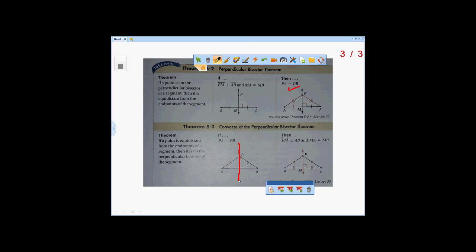We know that triangle PAB is an isosceles triangle. So the line passing through P becomes a perpendicular bisector. It means the measure of this angle is 90, and the length of this side, which I consider M, PM is equal to MA.